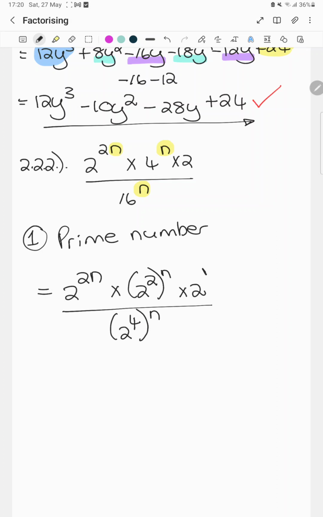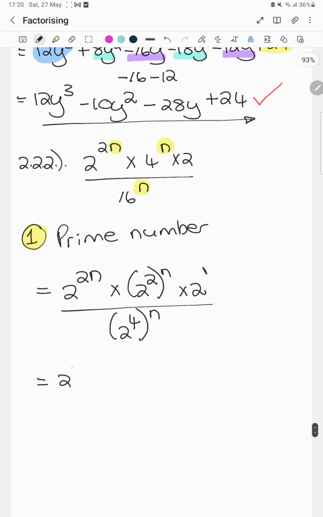So that is step number 1: get everything in its prime numbers. Then we multiply out our brackets. So 2 times n just becomes 2n. And at the bottom, 4 times n becomes 4n.